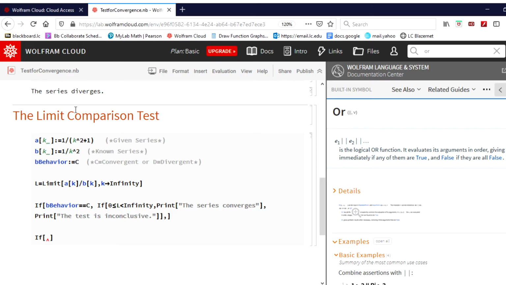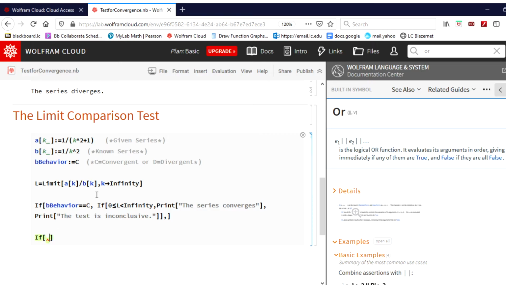The limit comparison test result, how it's interpreted, all depends upon the behavior of B, the known series, right? That's what sparks which case we're going to be jumping into in terms of these two if statements.